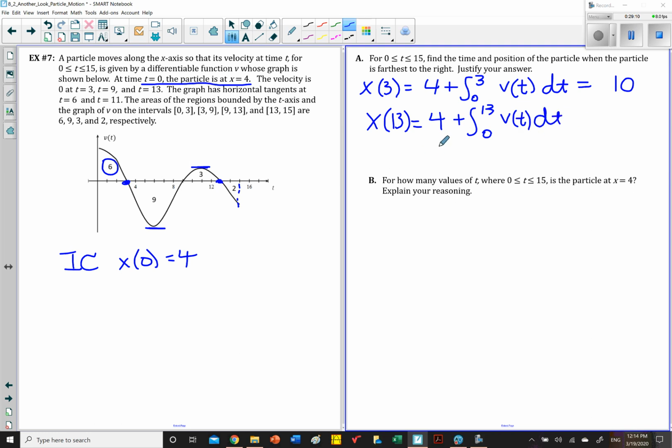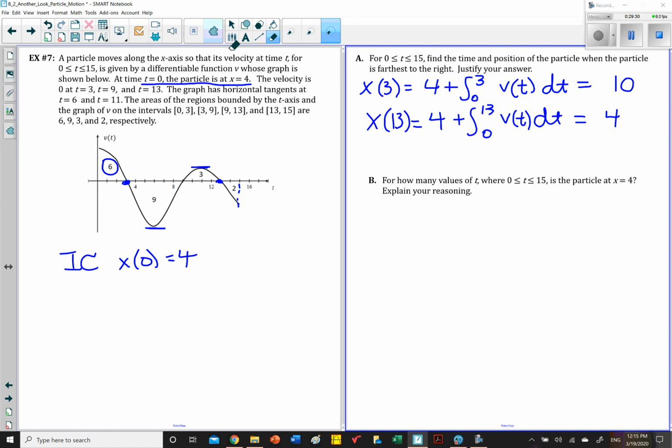So we're adding 4 plus 6 minus 9 plus 3. We end up with 4 because those are 9 and that's 9. Okay. So the particle's at 4.